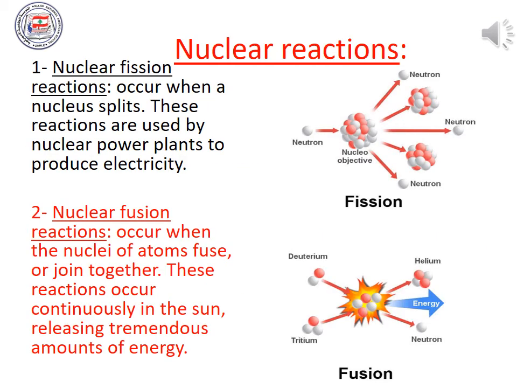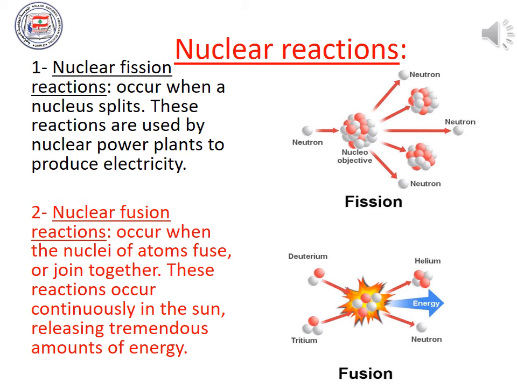So what are nuclear reactions? There are two types of nuclear reactions. Number 1, nuclear fission reactions, which occur when a nucleus splits. These reactions are used by nuclear power plants to produce electricity. Number 2, nuclear fusion reactions occur when the nuclei of atoms fuse or join together. These reactions occur continuously in the sun, releasing tremendous amounts of energy.